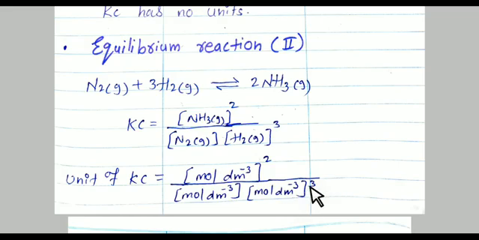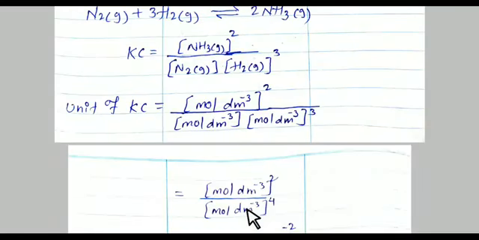In the denominator, when we solve this, we get mole per decimeter cube raised to 4. Here 2 and 4 cancel; 2 is cancelled from 4. So we get mole per decimeter cube squared in the denominator.